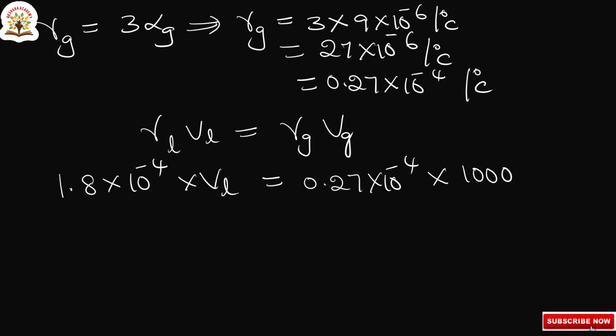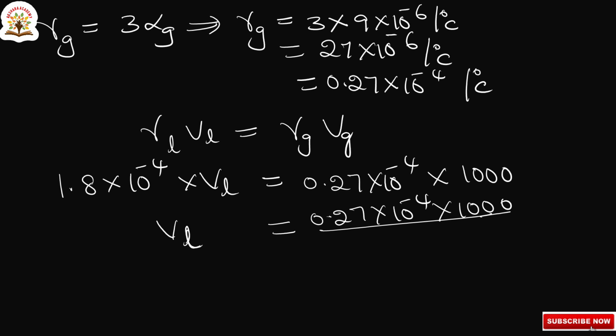So now VL is equal to 0.27 into 10 to the power of minus 4 into 1000 by 1.8 into 10 to the power of minus 4. 10 to the power of minus 4 gets cancelled.